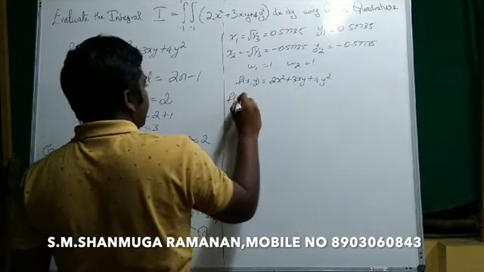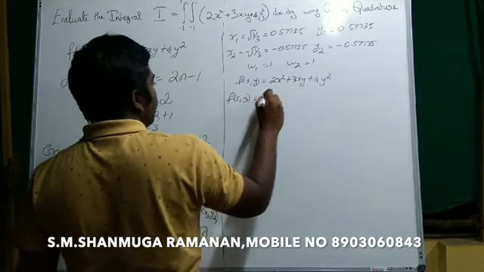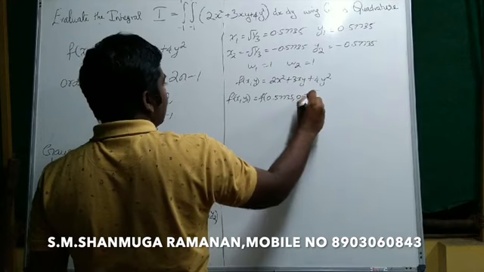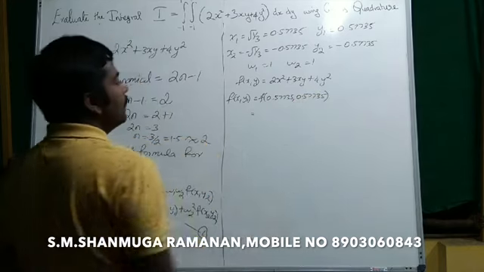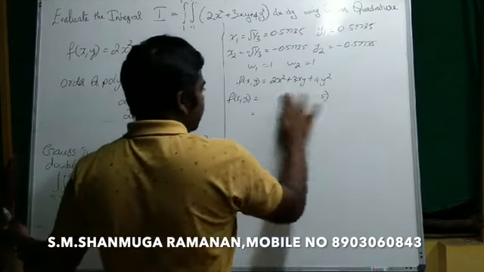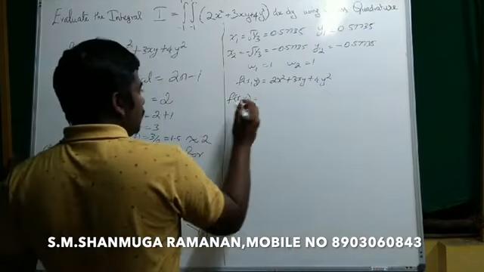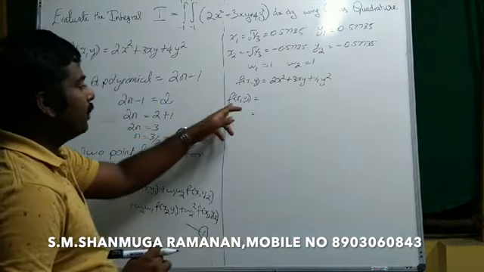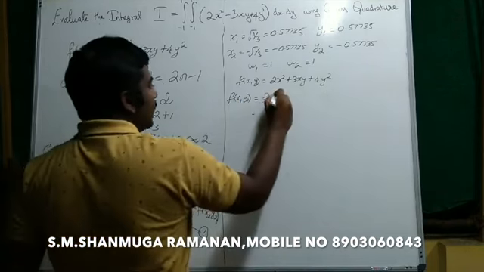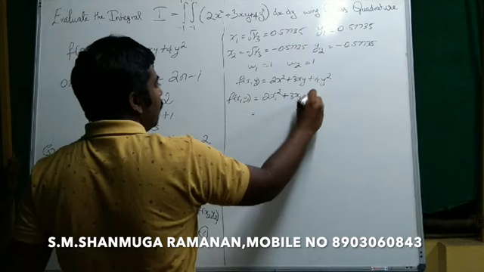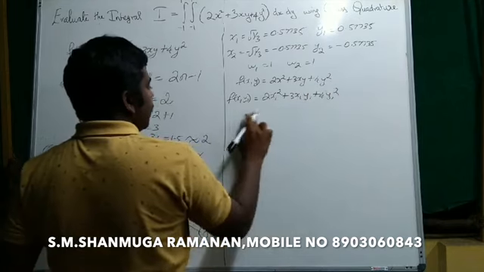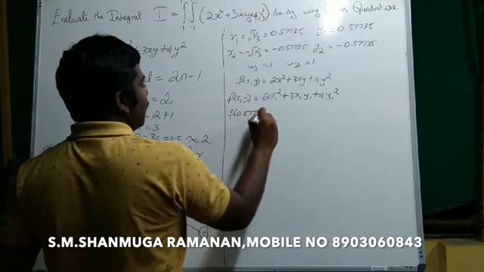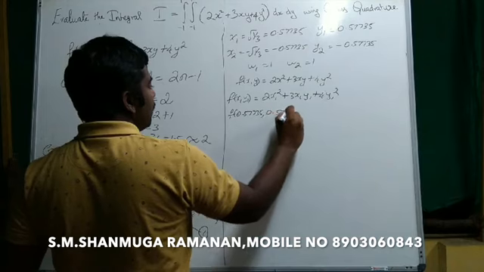Now we find f(x1,y1) = f(0.57735, 0.57735). Before that, f(x,y) = 2x² + 3xy + 4y², therefore f(x1,y1) = 2x1² + 3x1y1 + 4y1², with x1 = 0.57735 and y1 = 0.57735.